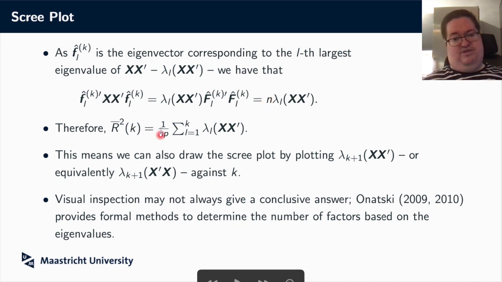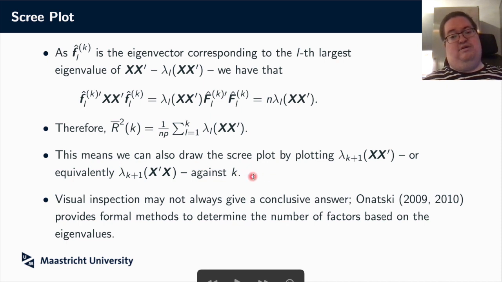So this whole expression of the average R squared is nothing more than an average of the eigenvalues, the kth largest eigenvalues of the matrix X prime X. So instead of drawing this R squared, we could also draw eigenvalues. So we would draw the k plus one largest eigenvalue against k.